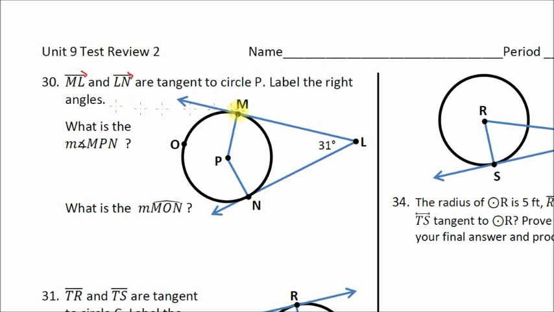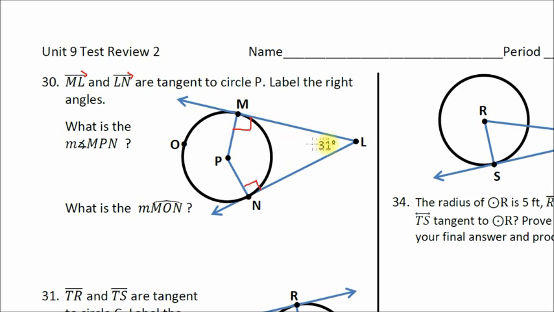Label the right angles. Well, we know that tangent lines to a circle and the radius that touches at the point of tangency are going to be right angles. So there's my two right angles. And the question is, what is the measure of angle MPN right here? Well, we learned that if these two angles are right angles and all four of these angles form a quadrilateral, they have to add up to 360.